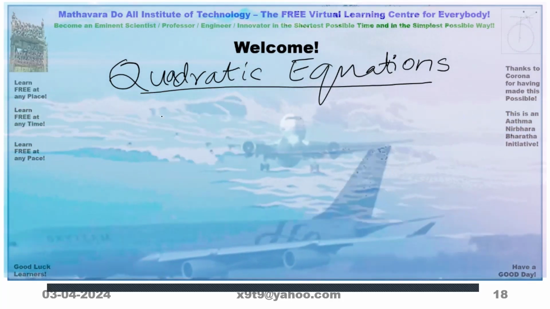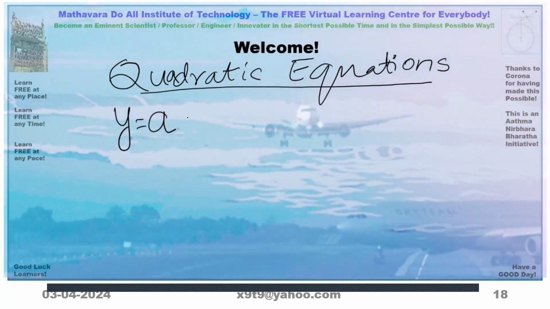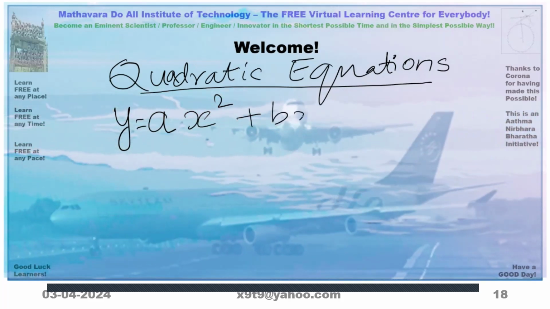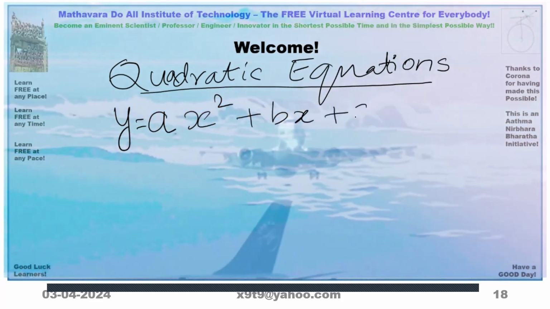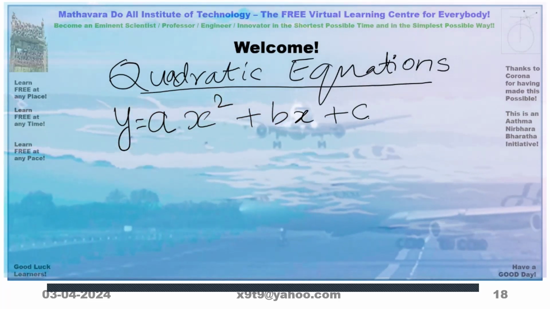See here, equations will be of this type. y is equal to ax square plus bx plus c. Sir, we can't hear you.